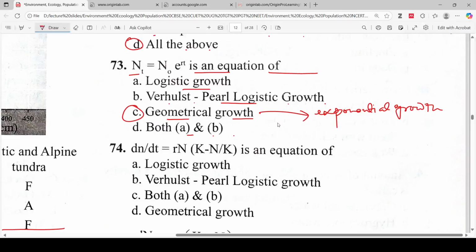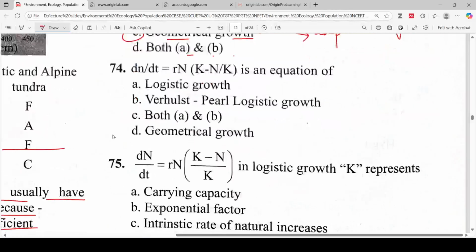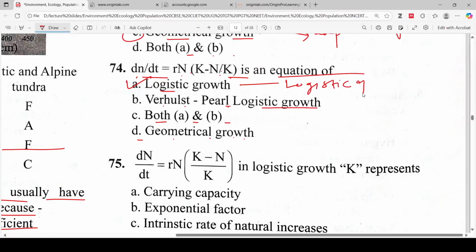Next question. dN/dt = rN (K minus N)/K is an equation of: logistic growth, Verhulst-Pearl logistic growth, option C, both A and B, D, geometrical growth. So the correct answer will be option A, logistic growth.